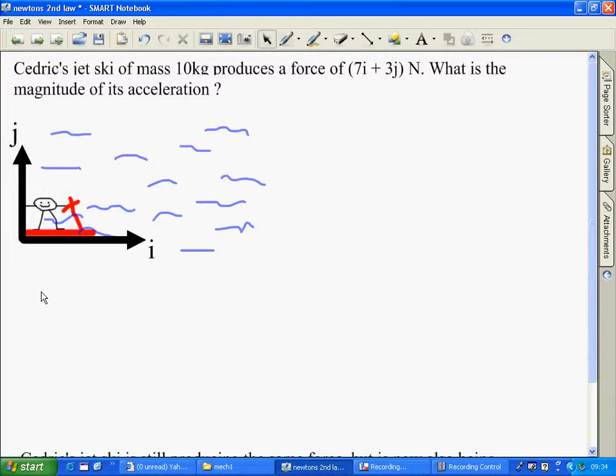Okay, jet ski, force of 7i plus 3j, mass 10 kilograms, find the magnitude of the acceleration. Let's find this acceleration vector first. So, F equals ma.